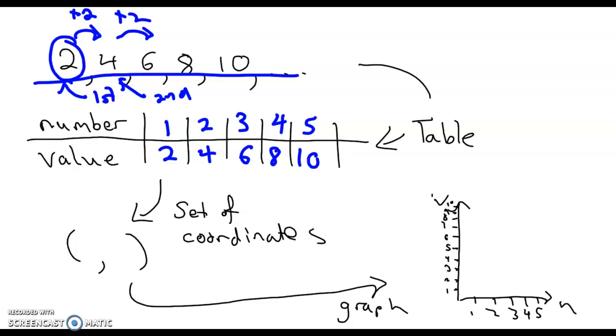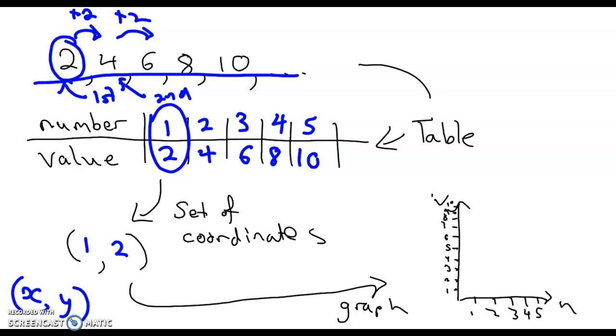Each of these sets of number and value, like the first one, 1 and 2, can also be considered as a coordinate on the number plane. The coordinate 1, 2, where 1 is the x value and 2 is the y value.